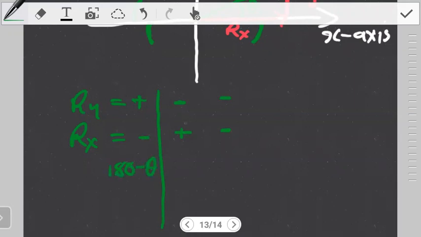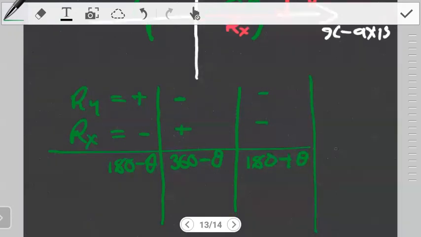If the y component is negative and the x component is positive, then to get the direction, you subtract your angle from 360 degrees. And lastly, if both are negative, you add your angle to 180 degrees. And of course, if both are positive, then whatever you have found is your exact answer.